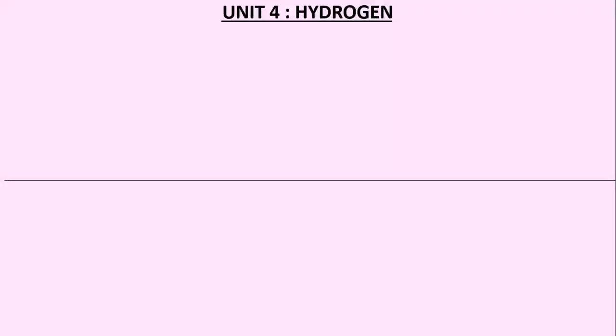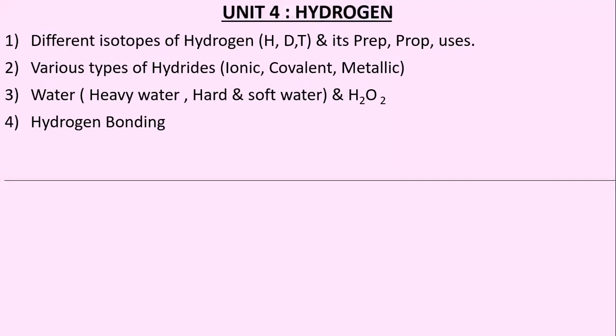So next we'll move on to unit 4, hydrogen. Under this unit we are going to study the different isotopes of hydrogen like protium, deuterium, tritium, and their properties, preparation, and uses. Properties include both physical and chemical properties.